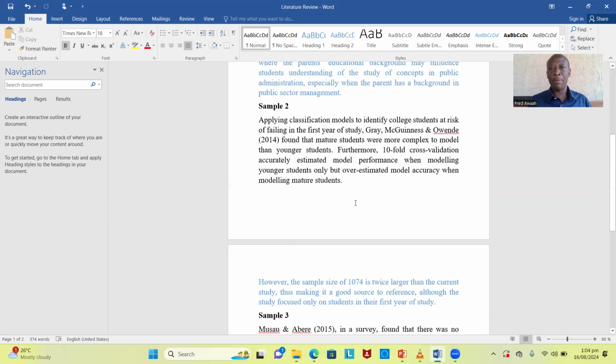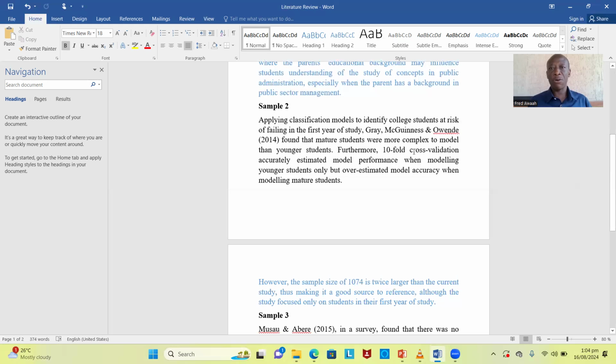I'm going to take a second example. Applying classification models to identify college students at risk of failing in the first year of study, Gray, McGuinness, and Owende 2014 found that mature students were more complex to model than younger students.